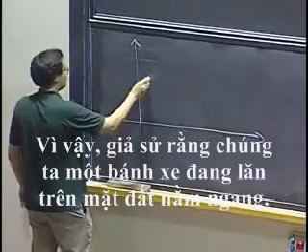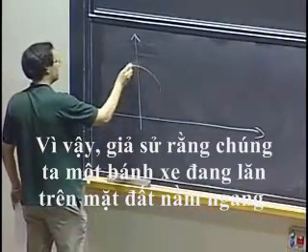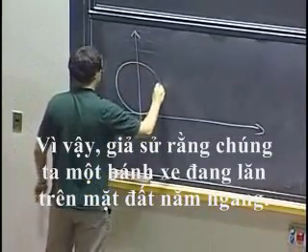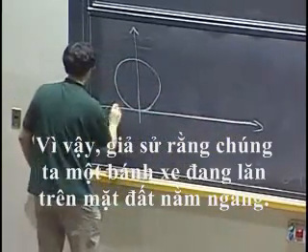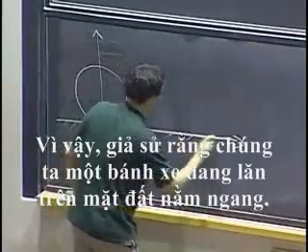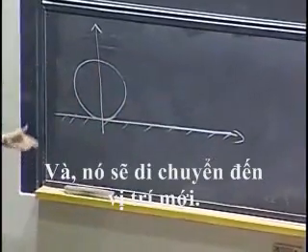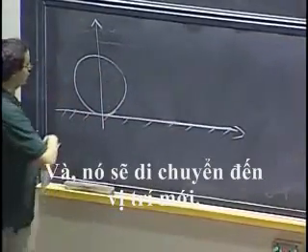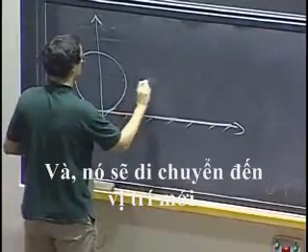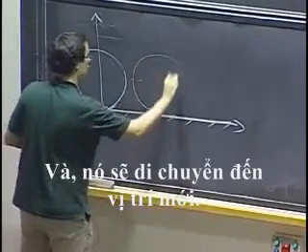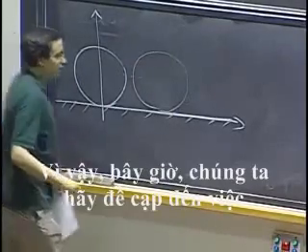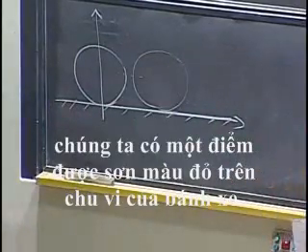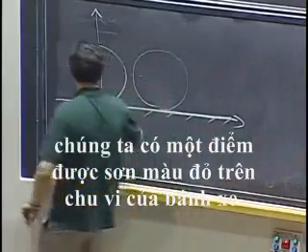So let's say that we have a wheel that's rolling on a horizontal ground. And as it's running, of course, it's going to turn. So it's going to move forward to a new position. And now let's imagine that we have a point that's been painted red on the circumference of the wheel.